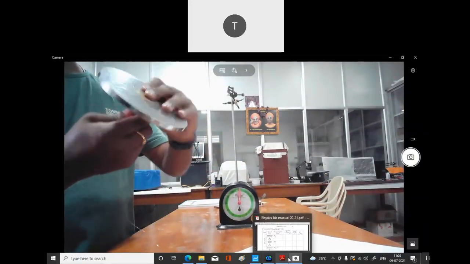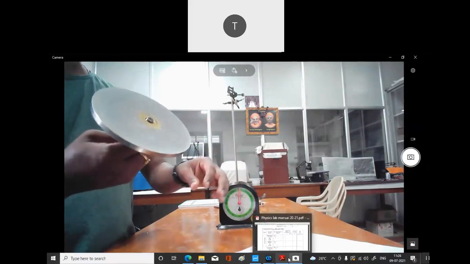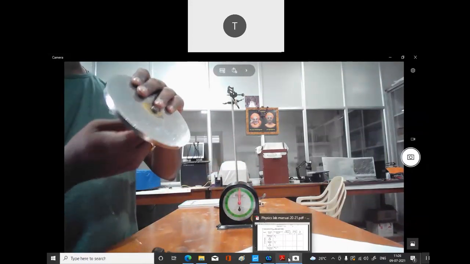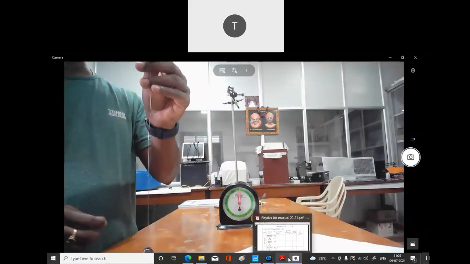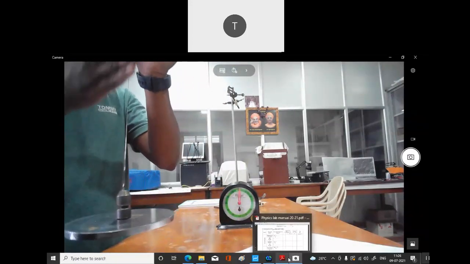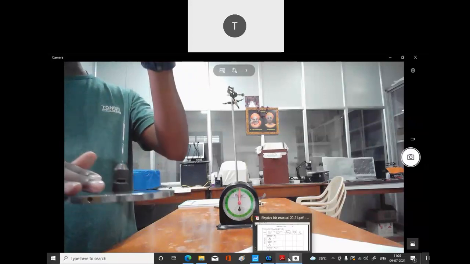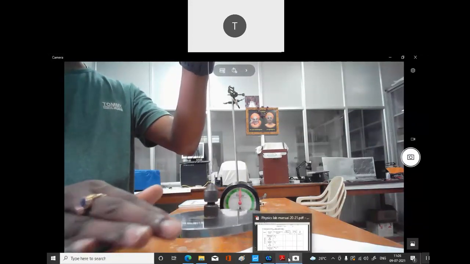Now you just fix it. You can see this is fixed, so your wire is now perpendicular to the plane of the disc.